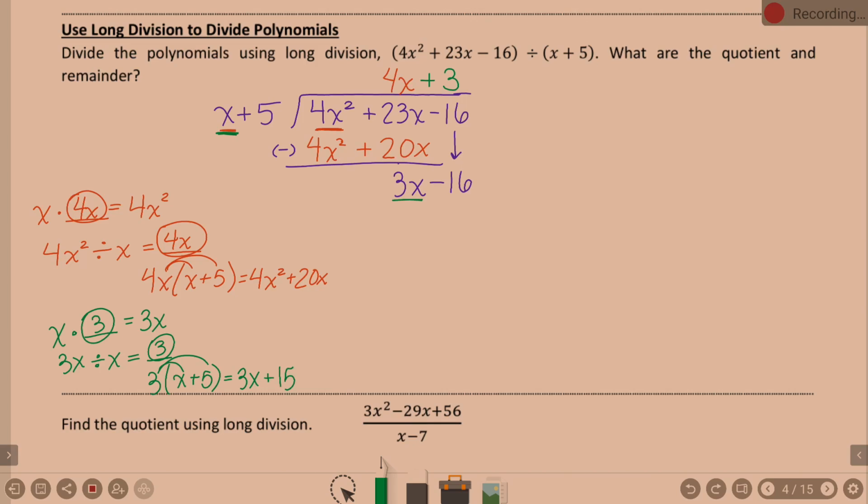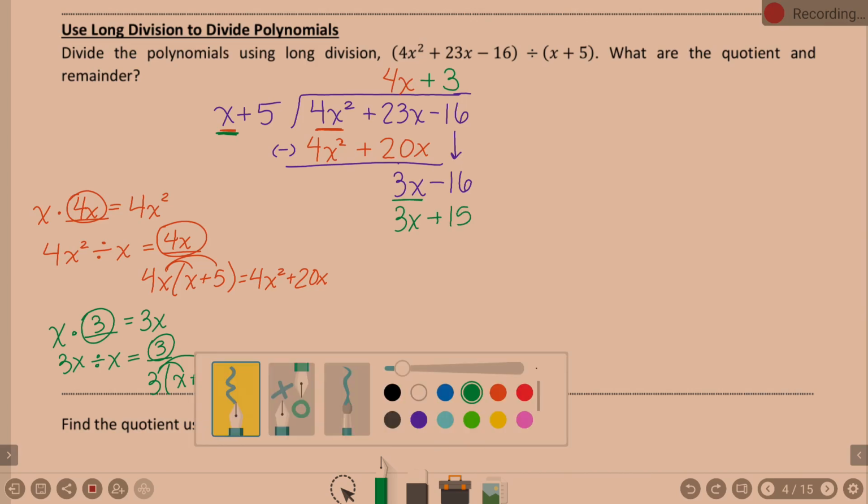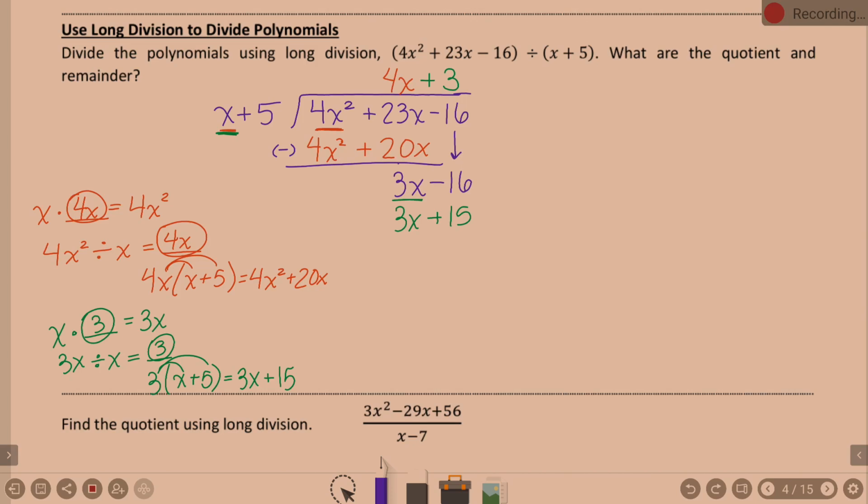Plus 15. So 3 times x is 3x. 3 times 5 is plus 15. And what do I do next? Subtract. 3x minus 3x? Cancels out. Cancels as we want it to.